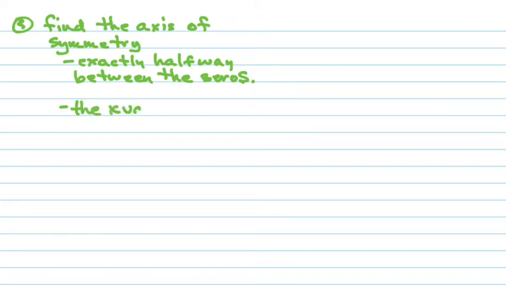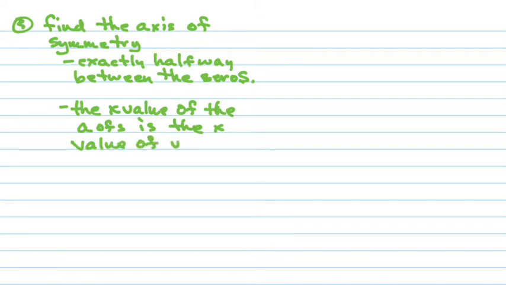The x value of the axis of symmetry is also the x value of the vertex. That's the point at which the line stops going down and starts going up. It turns on that axis.